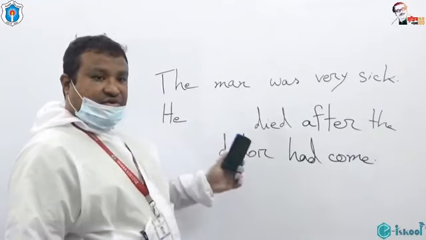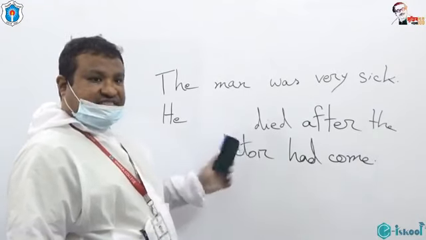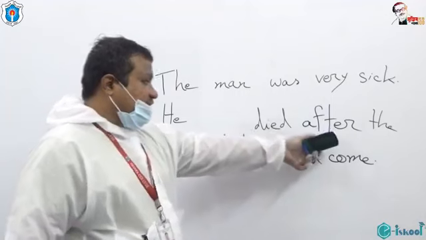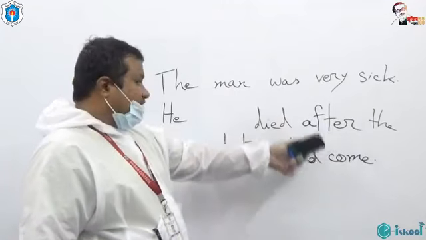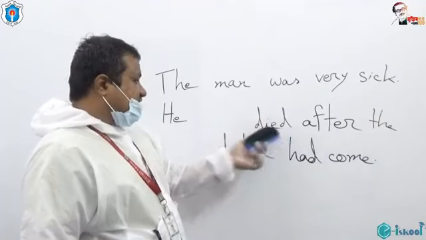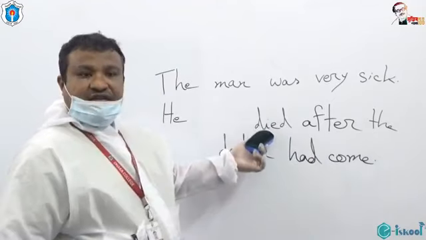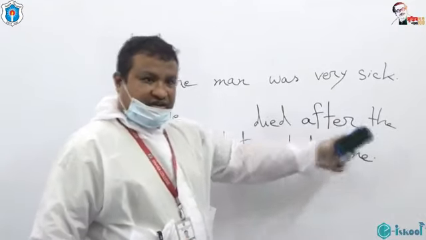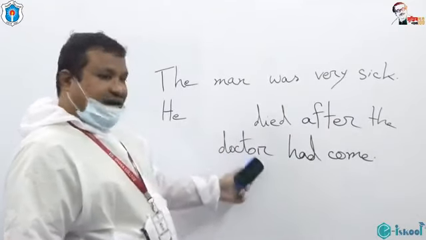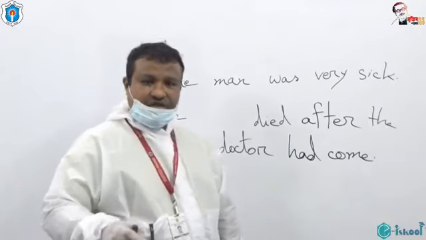So, what we see in this structure, that is, before this connector after, we will use simple past tense. But after this connector after, we will use past perfect tense.